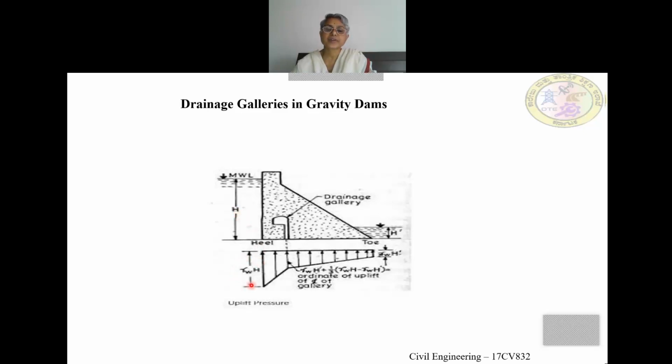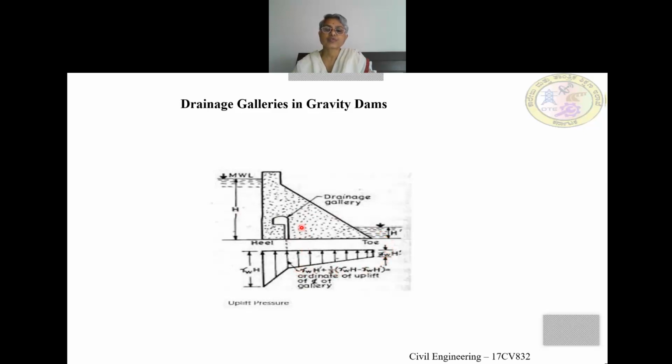See, this pressure head or this uplift pressure due to the water in this particular area will cause an uplift in the vertical direction. Whereas the weight of the gravity dam will be acting downward, and this weight will cause the resisting moment. Whereas the horizontal force will cause the overturning moment.